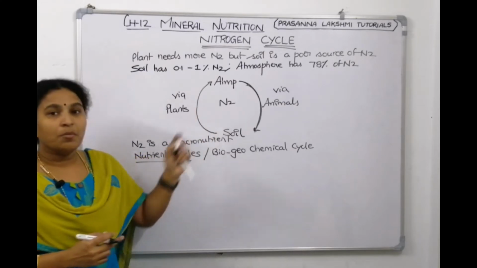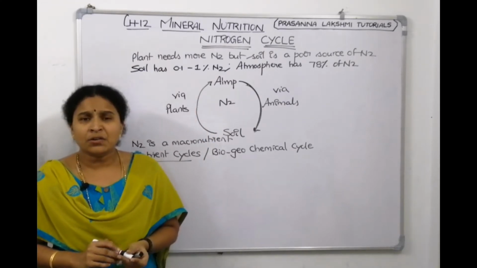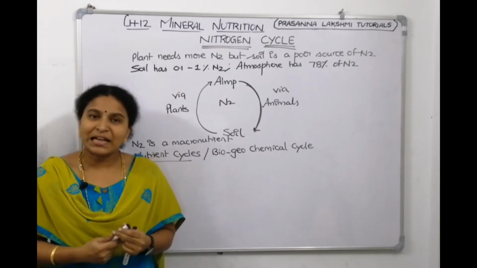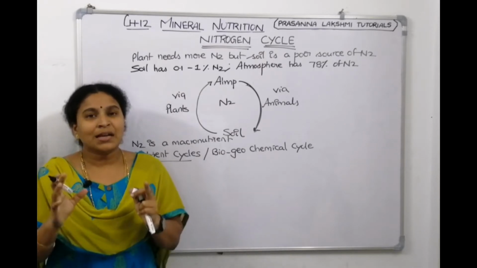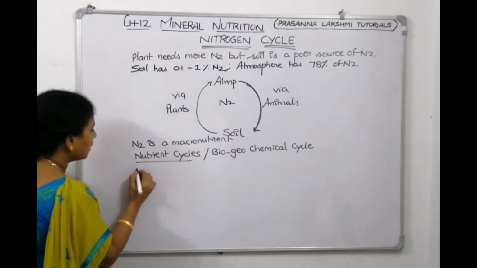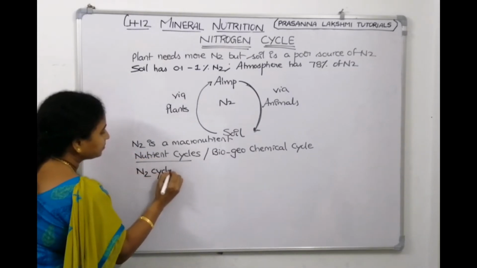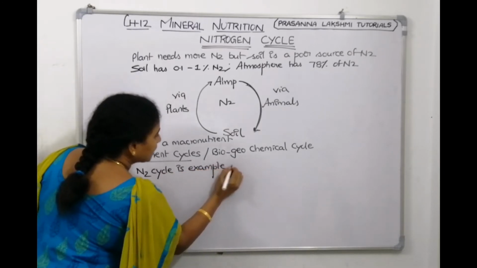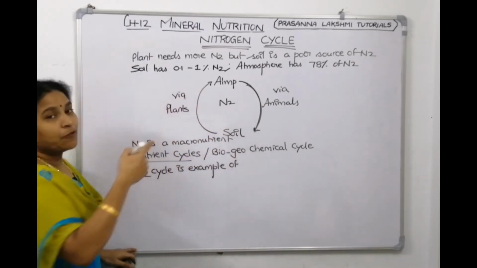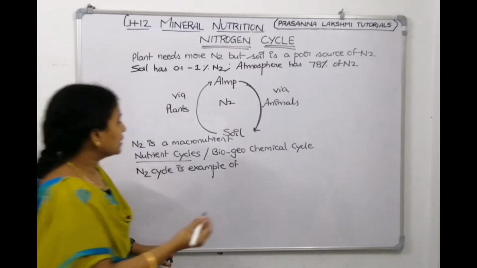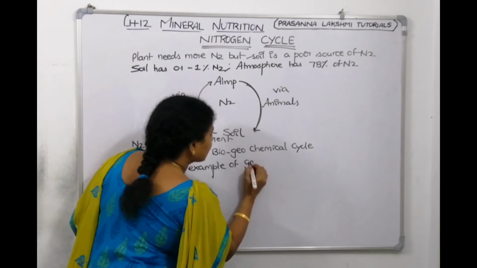In that, we are talking about the nitrogen cycle. In which form is nitrogen present in the atmosphere? It is present in the gaseous form, as inert N2 gas, so the nitrogen cycle is an example of a gaseous cycle.